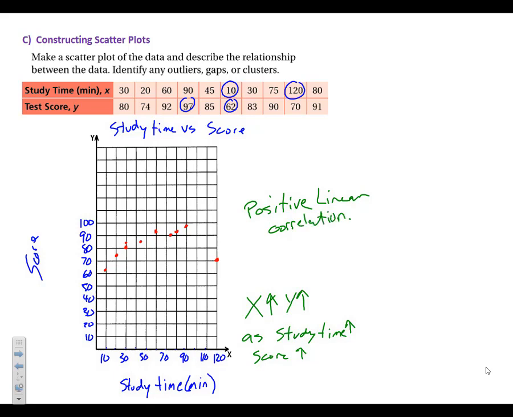Now, there's one thing I want to mention. In these relationships, positive linear, negative linear, that doesn't mean it's good and bad. Obviously, if you study more and you get a better score, that is a good thing. So positive kind of correlates with, hey, that's a good thing. But you just need to know that not all correlations that are positive are good, and not all correlations that are negative are bad.